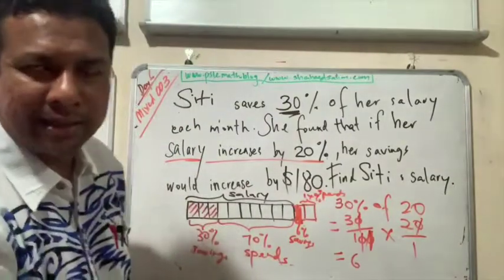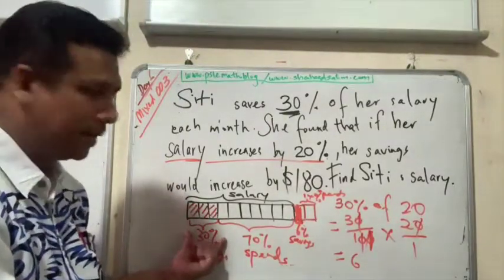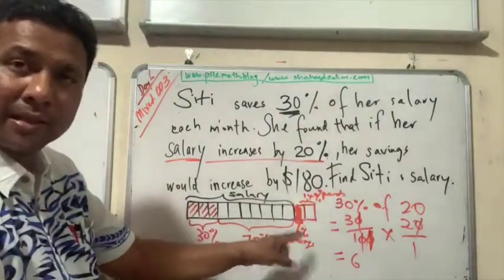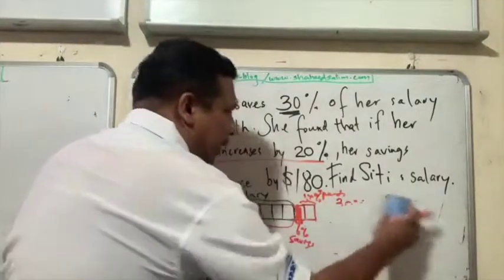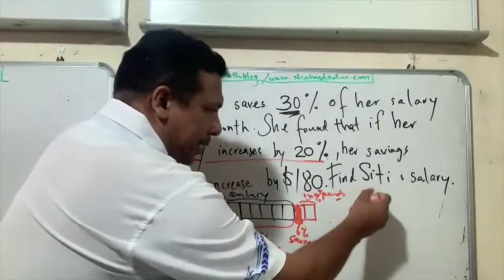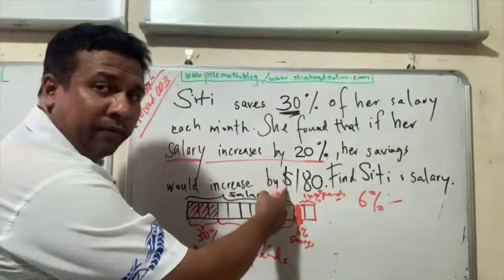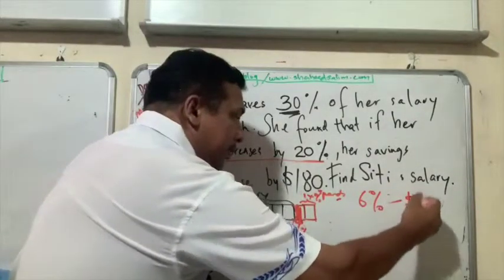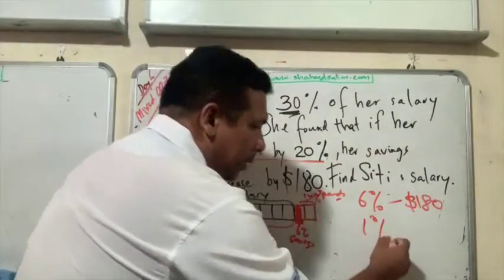So what is the increase in savings? Originally she had 30%. Now she has plus 6, 36%. Can you see this? The increase is 6%, and this 6% correlates with $180. You want to find 1%?